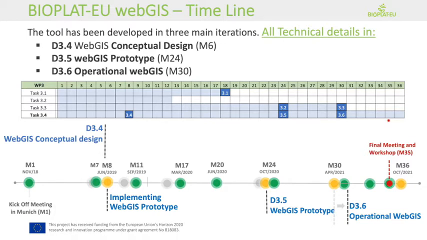And the current web system, which is the operational WebGIS with all the functionality and layers to run the STEM model. All the technical details of the WebGIS construction can be found in deliverables 3.4, 3.5, and 3.6.